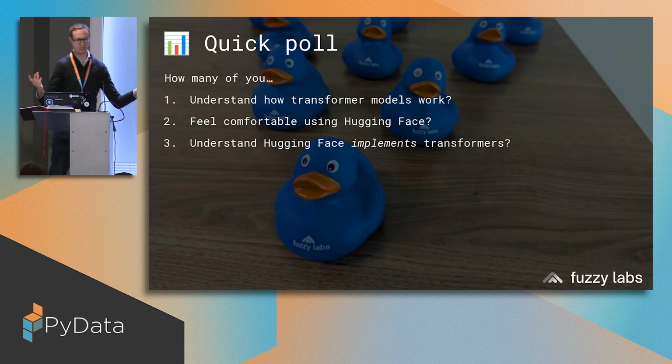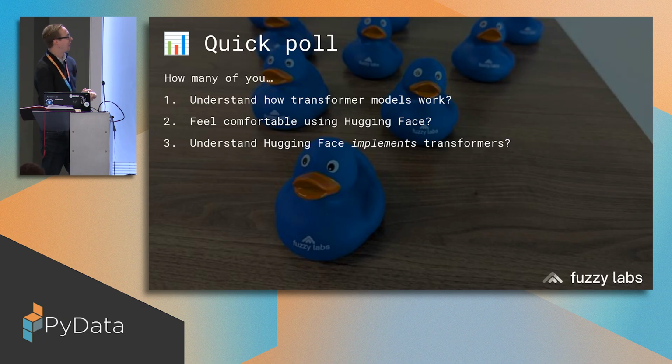All right, so I want to ask a quick poll to the audience then. Firstly, how many of you feel like you understand how transformers work? And bear in mind, like I say, there's been about 4 explanations of this so far at PyData, so show of hands. Okay, that's interesting, because actually it's fewer than I thought, so maybe actually the explanation I'm going to give, hopefully that's the one that creates the intuition.